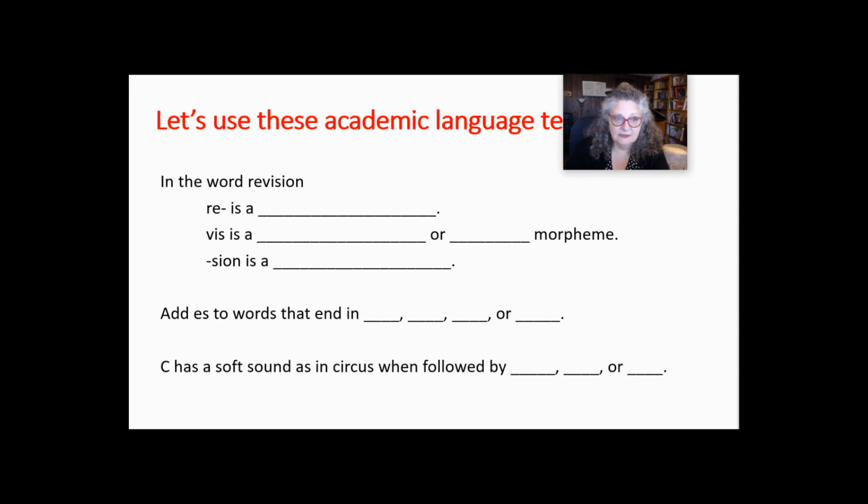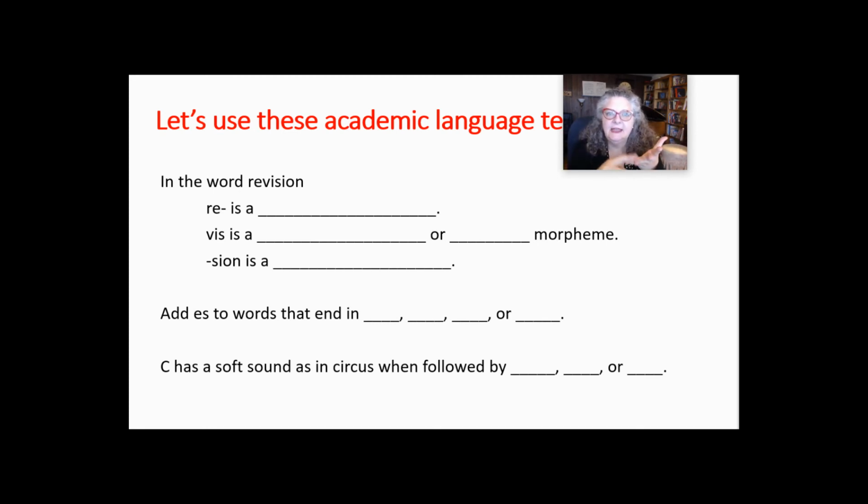It's a root because it can't stand by itself. And because it can't stand by itself, it would be what kind of morpheme? Bound. It has to be bound to something else. Shun, is it a prefix or suffix? Suffix. Good.